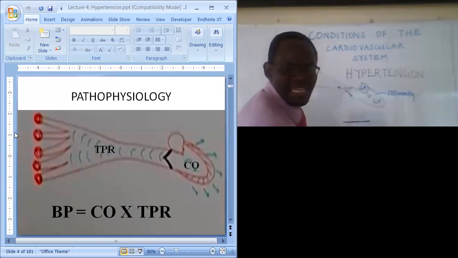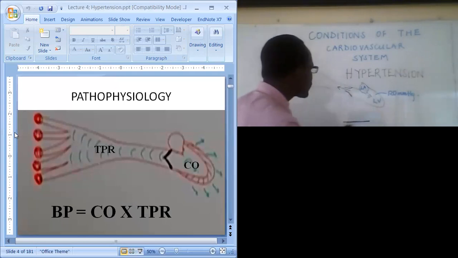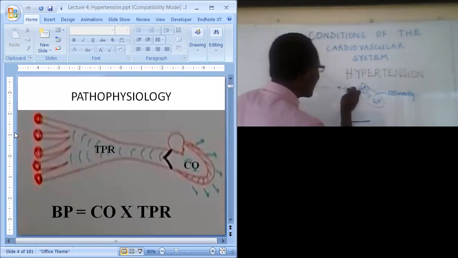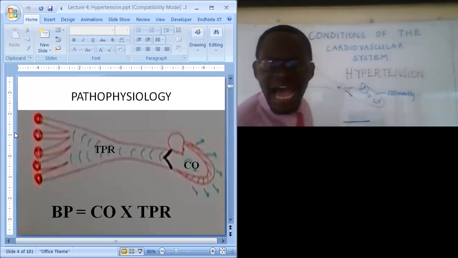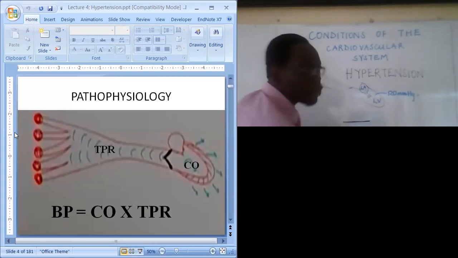After the ventricles have contracted to release blood into the aorta, the aortic valves now close completely in a normal human being.